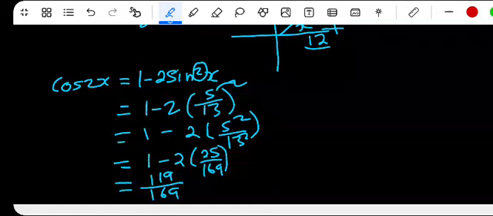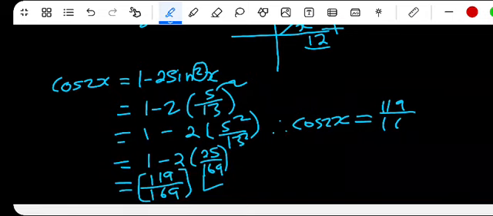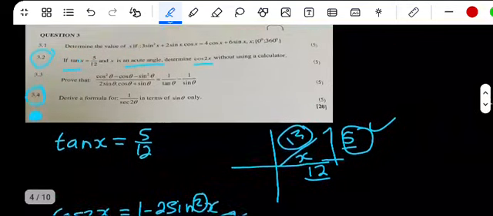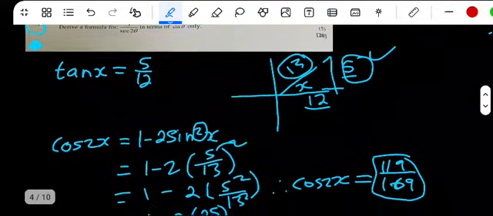So this is the value that you'll get. Therefore cos 2x must be equal to 119 over 169. Alright, we are done with that 5 marks.